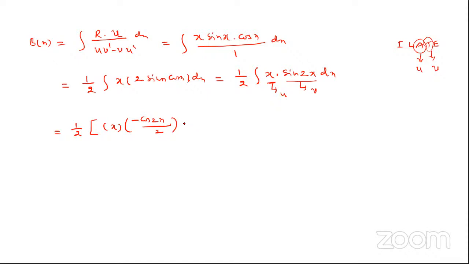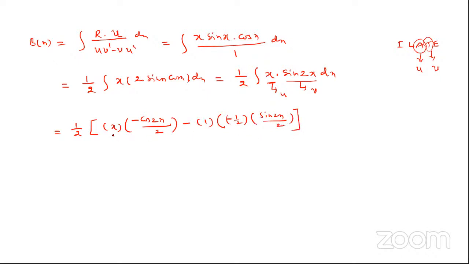So minus, the derivative of x with respect to x is 1, pre-multiplied, into integration of minus cos 2x by 2. So minus 1 by 2, the constant as it is, into integration of cos 2x, which is sin 2x divided by 2. So the next step is derivative of 1, which is 0.